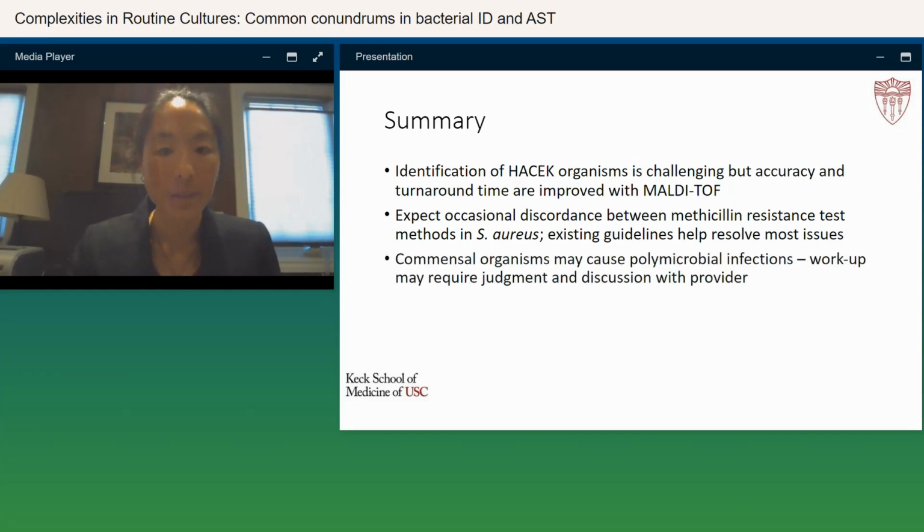And then finally, commensal organisms can still cause polymicrobial infections, as we saw with the last case. And therefore, sometimes our workup does require a little bit more judgment, also input from the clinical team and the providers in order to get the best results for the patient and get them ID and susceptibility results when indicated.